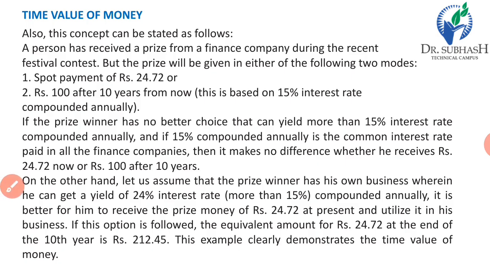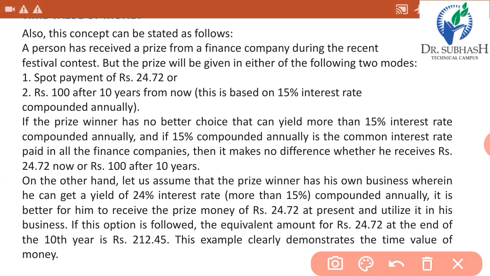One mode is spot payment of 24.72 rupees, or in the second mode 100 rupees after 10 years from now. This is based on a 15% interest rate compounded annually. So there are two options for the winner.